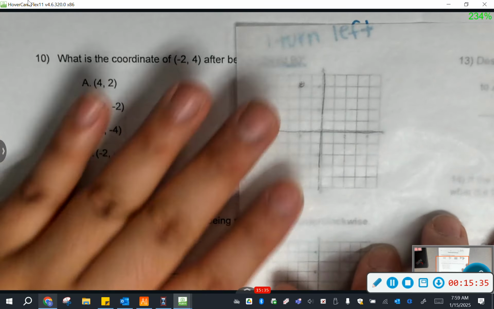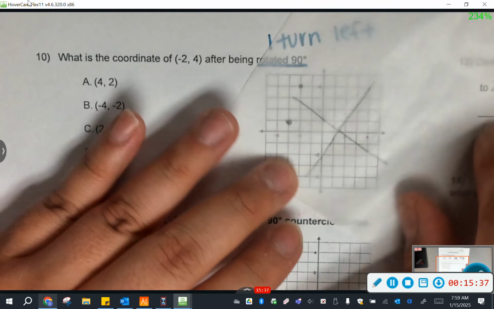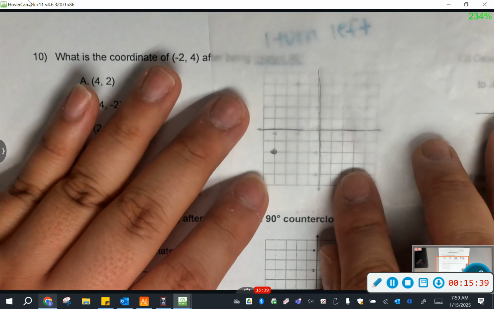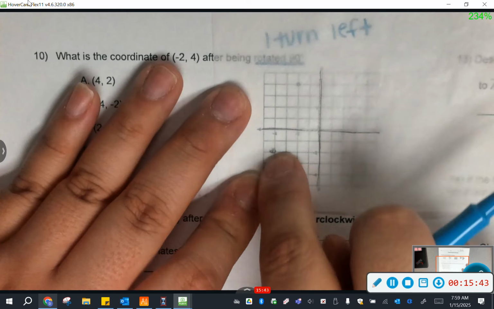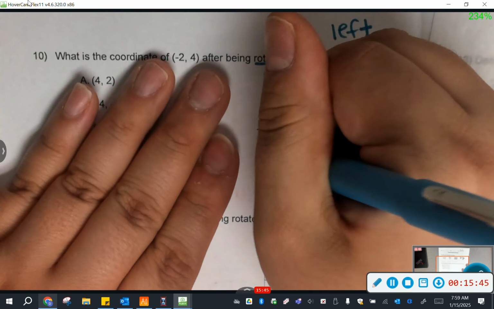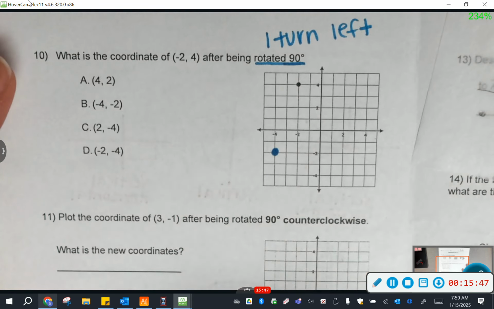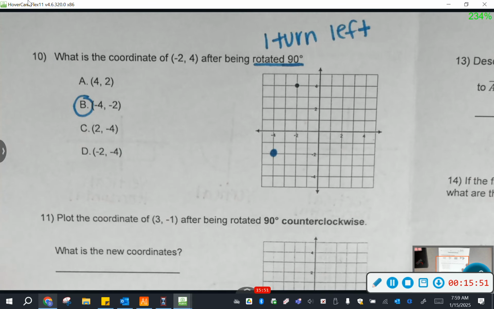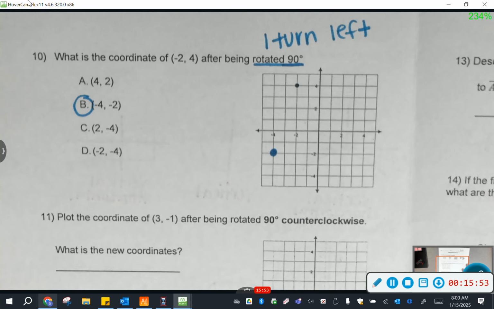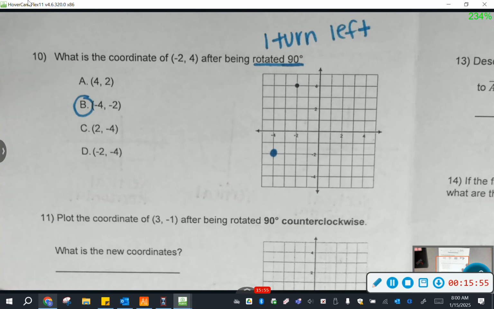So I'm going to take this patty paper and turn it one time to the left. Where do I end up? Right here. And that's all you do. -4, -2 is my answer. Anytime you see something about rotating, you're going to want to use patty paper.